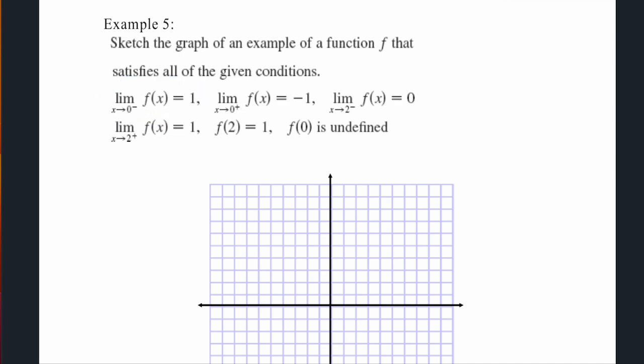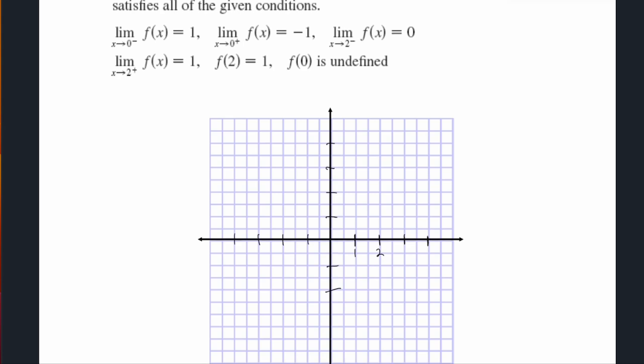So let's make that 1 and 2 and so on. I'm going to skip every other one, so I guess I'm counting by halves, just so that my graph paper will look a little nicer for you.